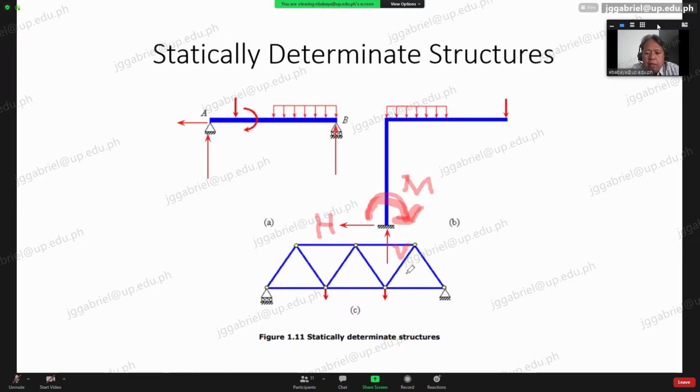Now, the third one is a truss. So it's been connected here and a roller here. Okay, of course, you know already when we're talking about trusses, no? For trusses, idealized yung situation. No? How is it idealized?